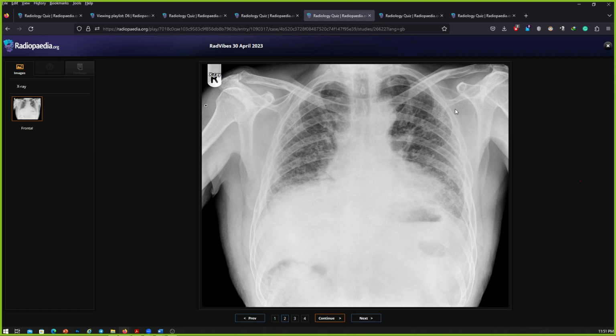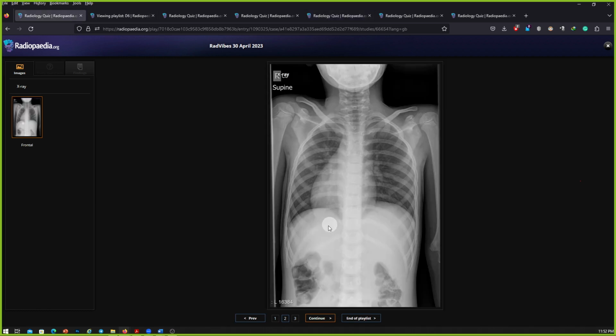In the fibrotic lung diseases, you will have a reduced lung volume, whereas in the cystic lung diseases, the lung volumes will be maintained. So do remember this. And this is the last case.